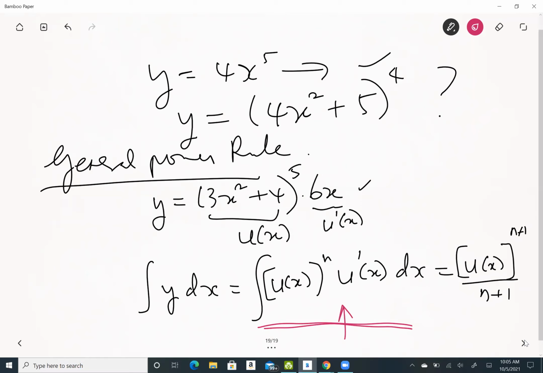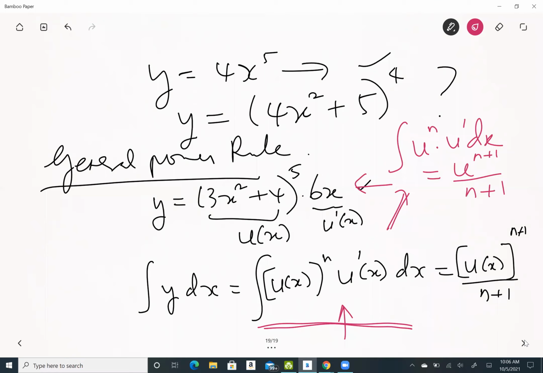So the function that you have initially will be equal to u to the power of n multiplied by u prime. So in short form, you have u to the power of n multiplied by u prime dx, right? And the integral will be u to the power of n plus 1 over n plus 1. Okay, where u is a function of x.